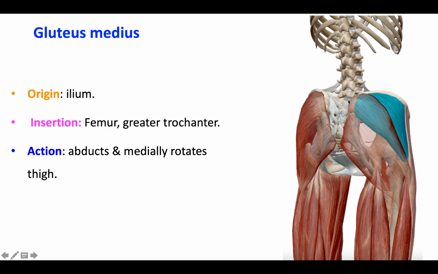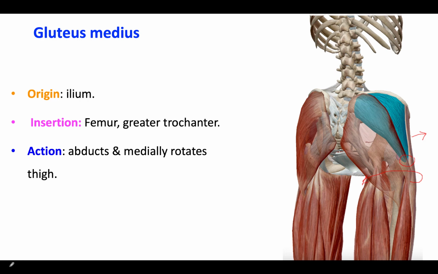Either way, for the gluteus medius, the origin is the ilium, connected across the entire ilium there, and it inserts very specifically at the greater trochanter of the femur. This muscle helps to abduct, away, and medially rotate the thigh, that way.